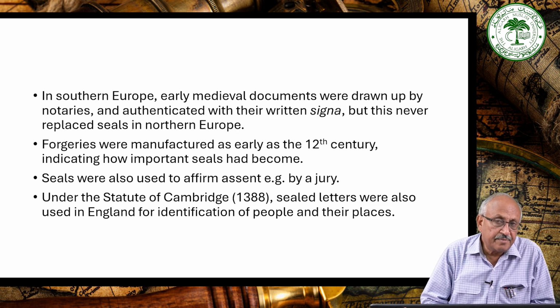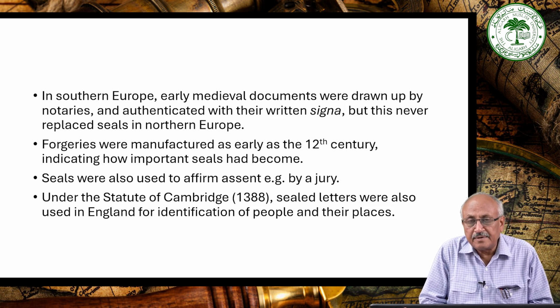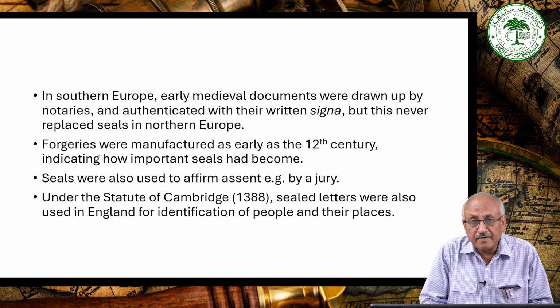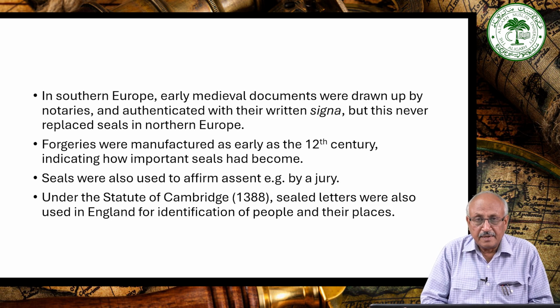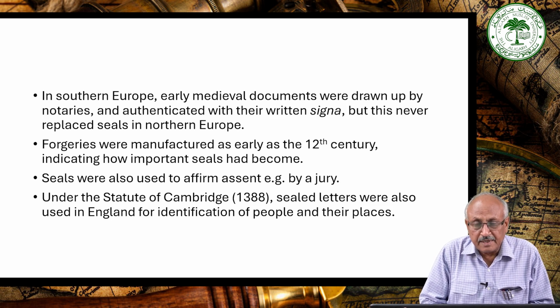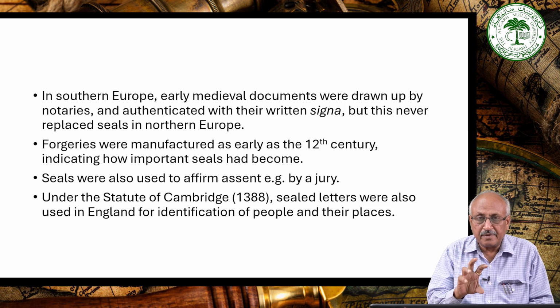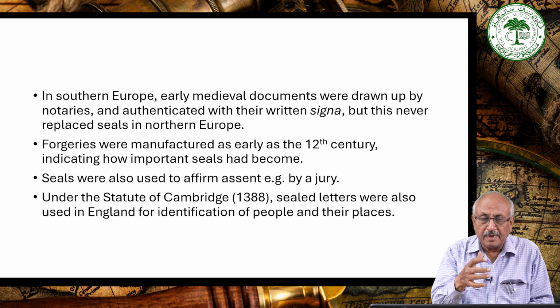In our country, for my general students, I would say that seals are always on documents. Or if a crime has been committed at a site in a room, then they put a lock, and the lock will be covered with cloth, and then molten lac will be placed on that, and then there will be a seal of the authority, meaning thereby that it should not be violated by anybody.